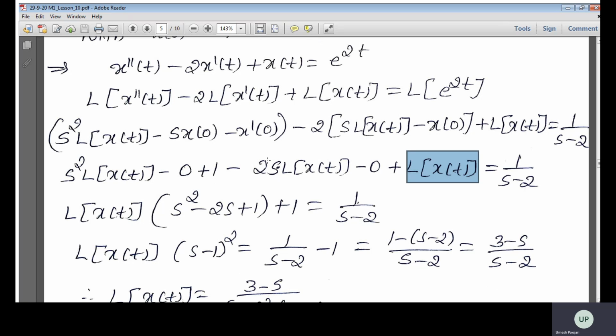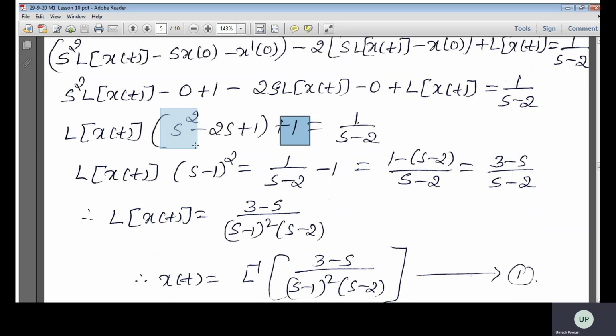Now you can see there are three terms with L of x of t: s square into L of x of t, this one, and this one. So we can take L of x of t common, into s square minus 2s plus 1. Then the remaining term is plus 1 as it is. We write it separately, equal to the right hand side 1 by s minus 2.